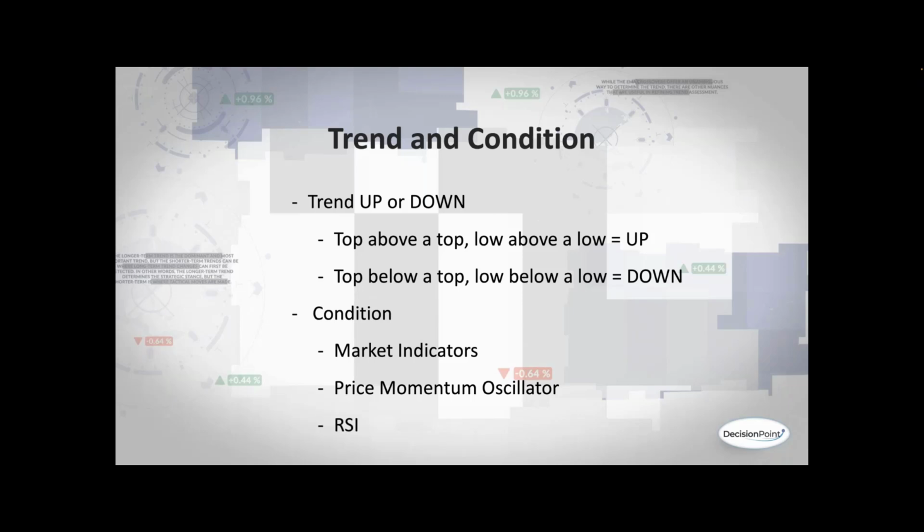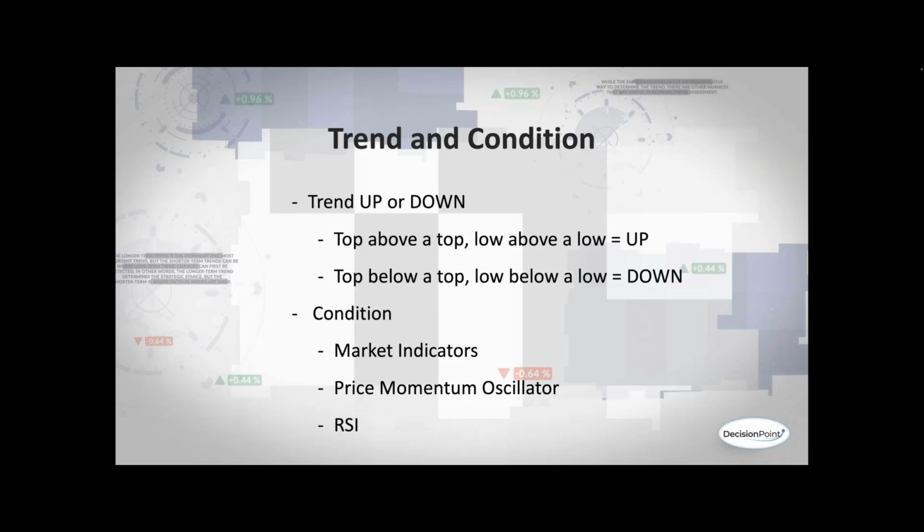And then one that I use regularly is the RSI. The RSI tells you whether a stock or an index is overbought or oversold. It's a great visual. It gives you that sense of whether the index or stock is ready for a rest because it's overbought, or is it ready for a nice move upward because it's oversold.